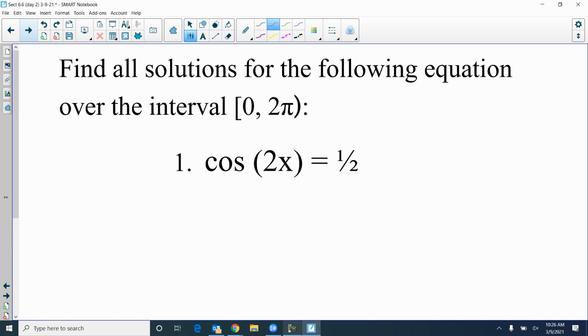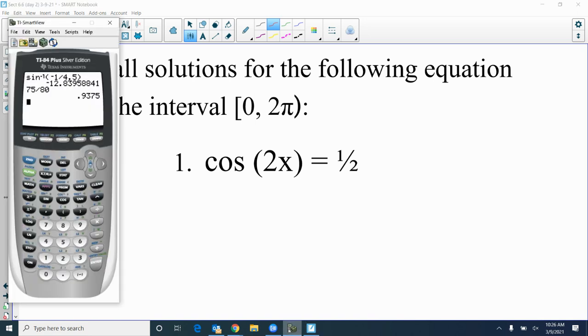All right, I'm gonna make my window 0 to 360, just because that's the interval. Do I absolutely have to? No, but I'm gonna make it that. And you can solve any equation by graphing, even if you have no idea how to go about it algebraically.